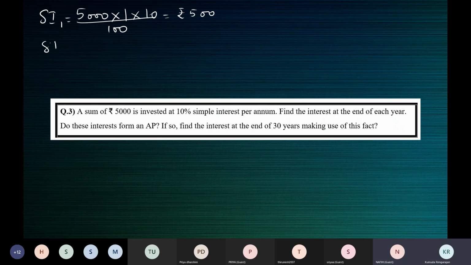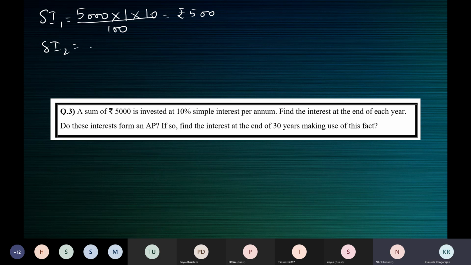Now we'll find SI2. We need to find the interest at the end of each year, that is at the end of the first year, the second year, the third year. So this is the interest at the end of the first year. Now let's find the interest at the end of the second year.